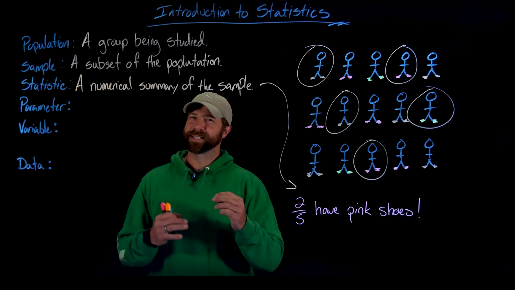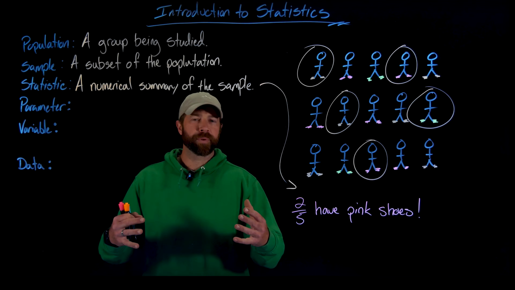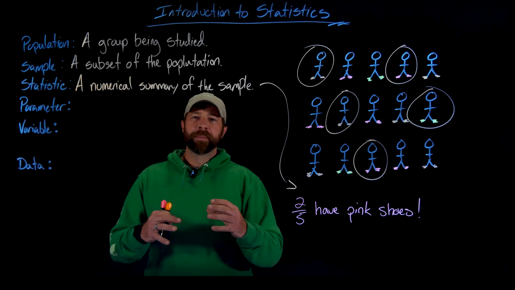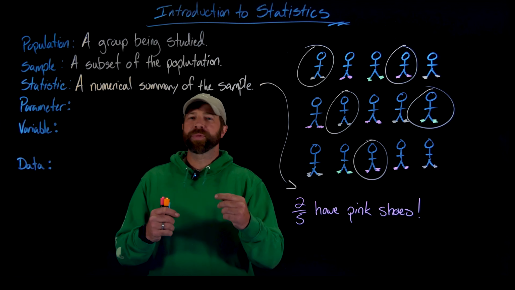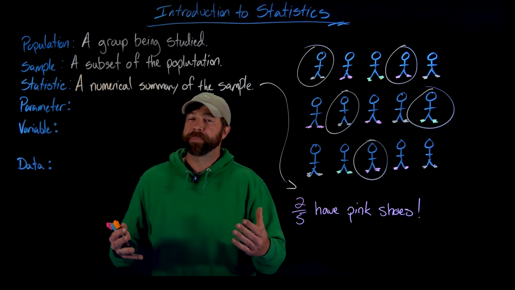So importantly, a statistic is something that I observe. It's the truth of the sample, and I can do work to project that onto the greater population, but there is some greater truth that exists out there that is the truth about the number of individuals in that greater population that are wearing pink shoes.